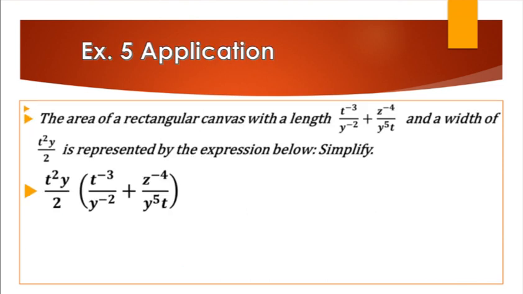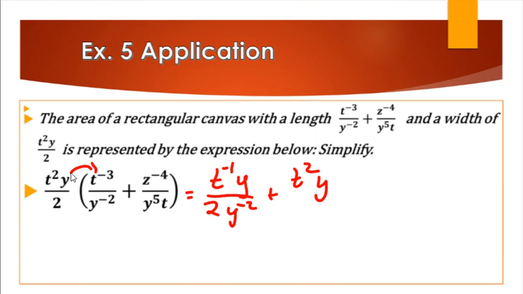And the last one, do the same thing, simplify. We have t to the negative first y over 2y to the negative second, plus t squared y z to the negative fourth over 2y to the fifth t.